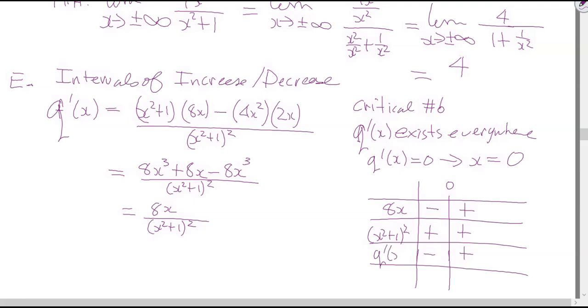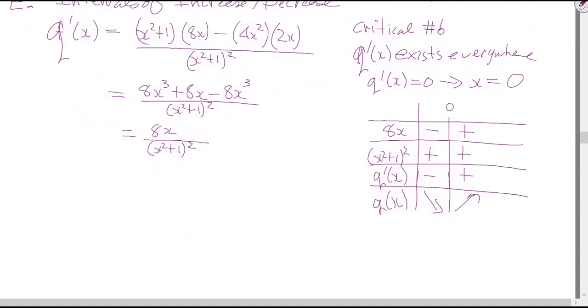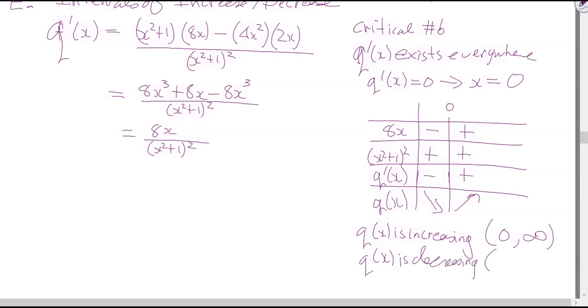That's Q prime of x. So Q of x, increasing, decreasing, 0, but we already know it's 0, 0.